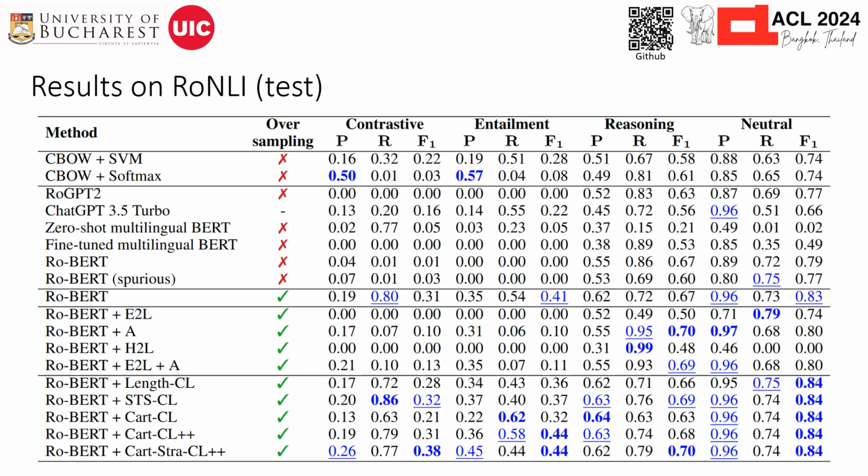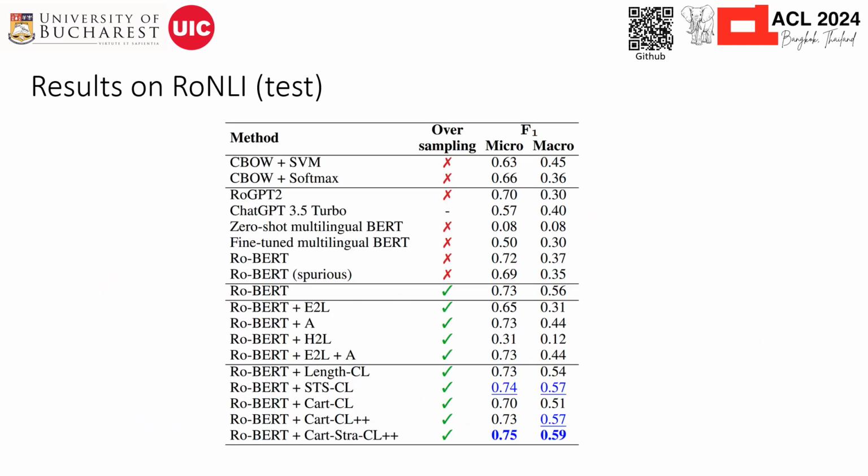In the following table, we present the results of our techniques, where we have also applied oversampling across some of the models. We can observe that the highest performance is obtained with the stratified curriculum learning technique and the curriculum learning based on semantic text similarity.